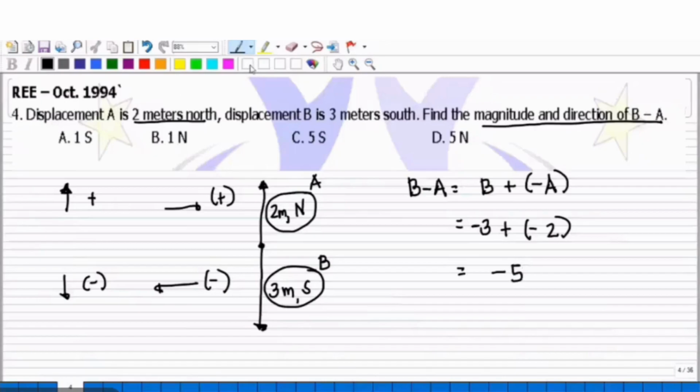Okay, and your negative 5 here will tell us na this is pababa. Okay, so this is 5 meters. So this is south. So pababa siya. Okay. Next.